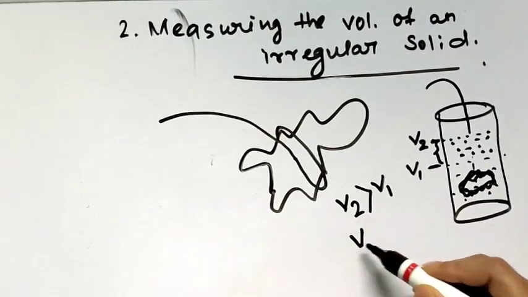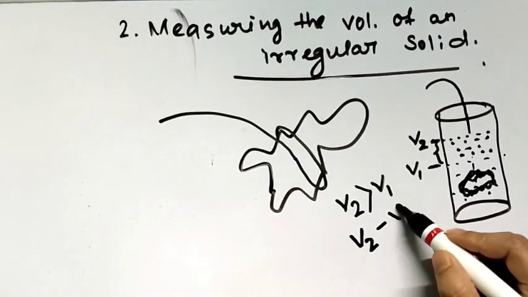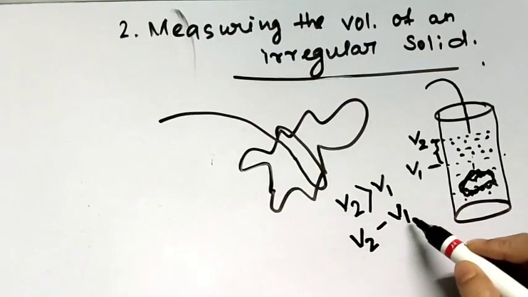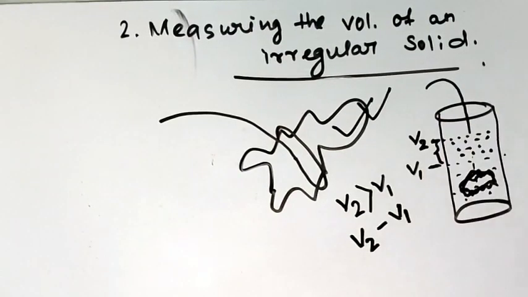So if we subtract the initial volume of water from the final volume of water, we will get the volume of that irregular solid.